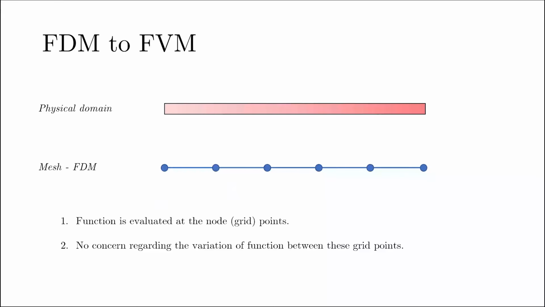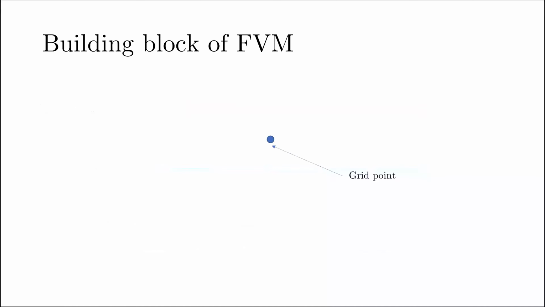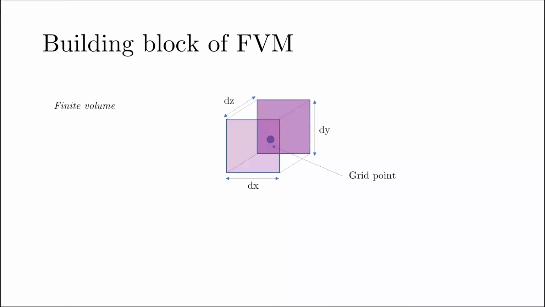And this makes sense because the derivatives evaluated using the finite differences need the value of the function at grid points only. So we don't really need to bother regarding that. When we start to talk about the finite volume method, we consider the same grid point. This could be an arbitrary grid point somewhere in the domain, and we say that in the finite volume method, we consider a volume about that grid point.